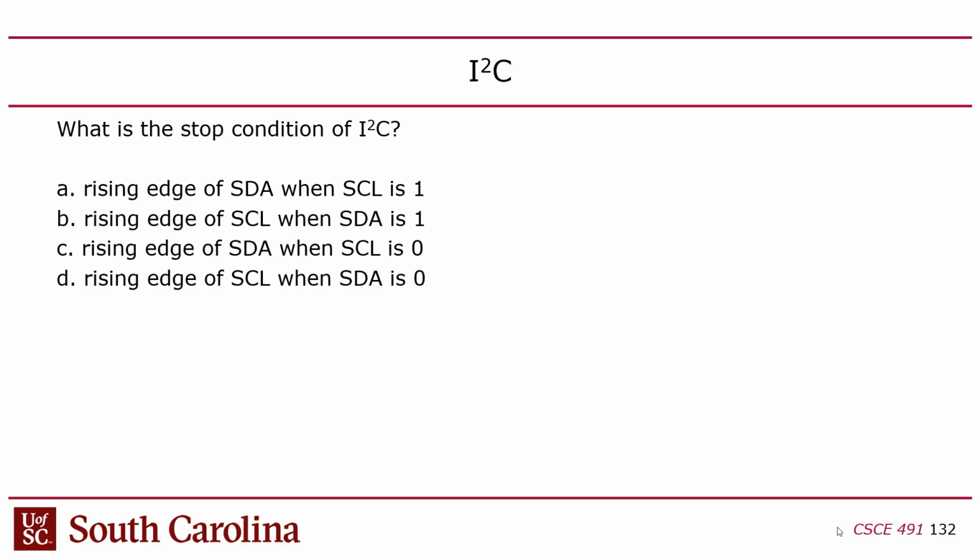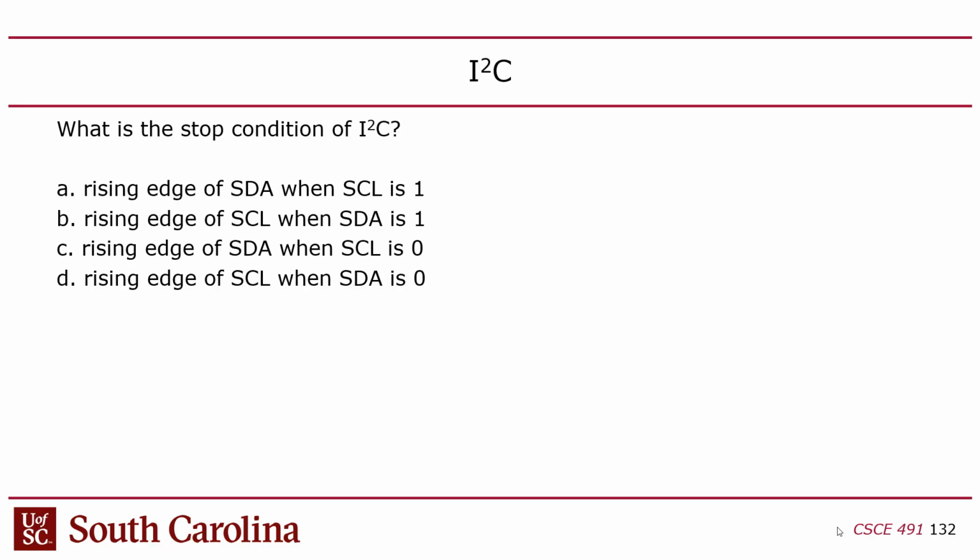Well, like I mentioned, the data is generally going to be 0 at the end. Just prior to the stop, the data is generally going to be 0 because of the acknowledge. But let's say the acknowledge was 1. What if you had a 1 acknowledge?